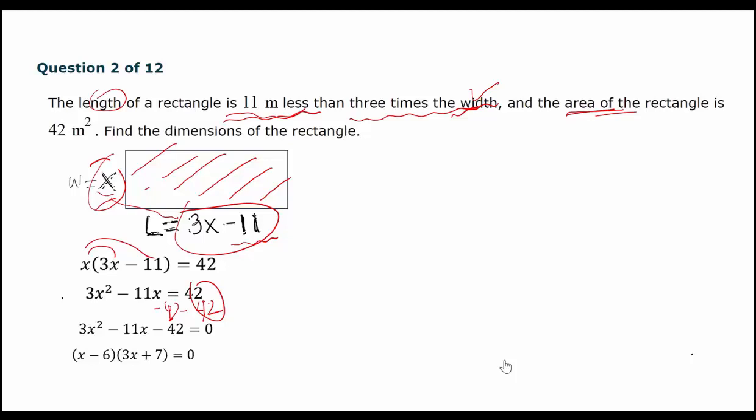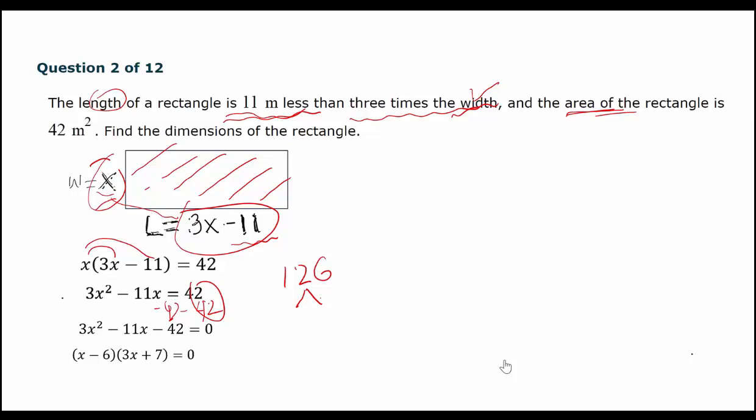If we do the factoring, it will be this one. So quickly I'm showing you the factoring. What we are doing here, we have to do 3 times 42. So 3 times 42 is 126. Then we will have the factors of 126 to find negative 11.